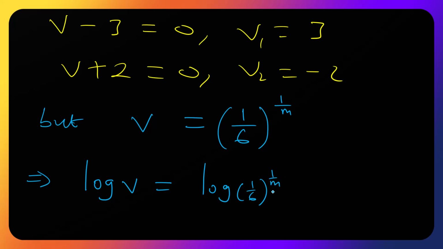So this one becomes, by rule, log v equals 1 on m times log 6.